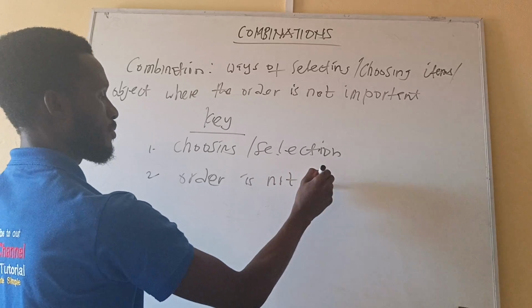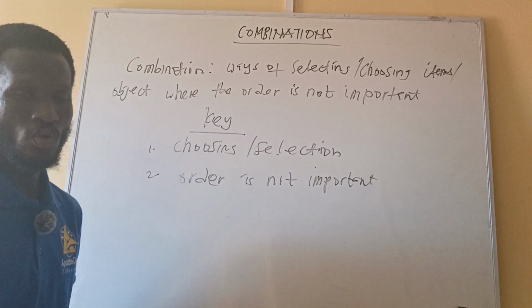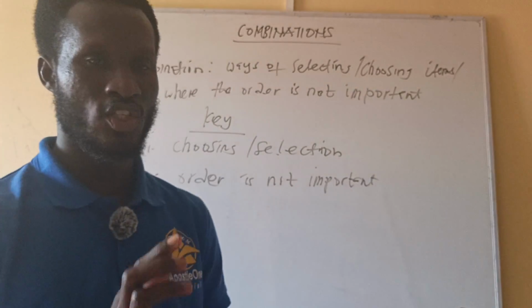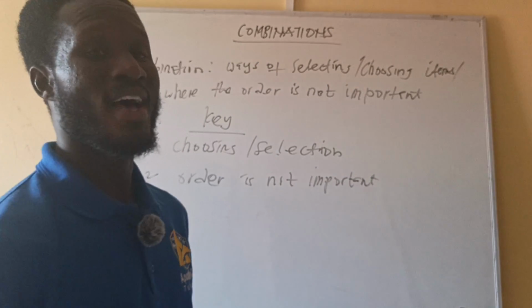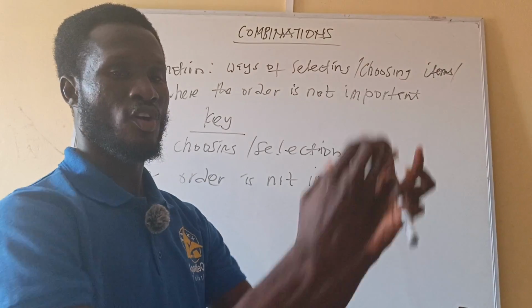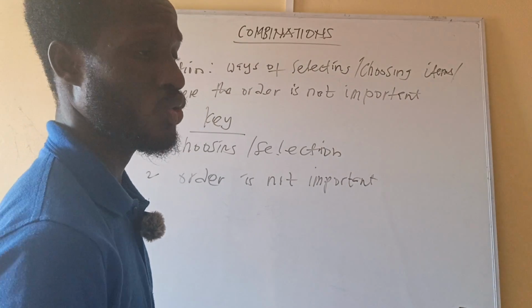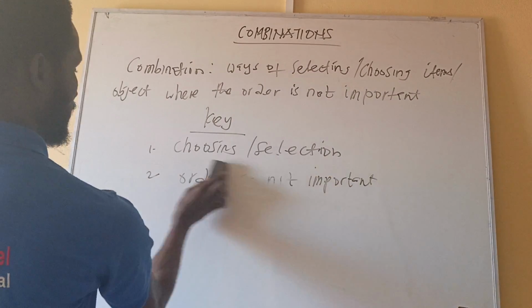That is the one you're supposed to know. So anytime you see that we are selecting or choosing anything from a set of objects, we are talking about combination.